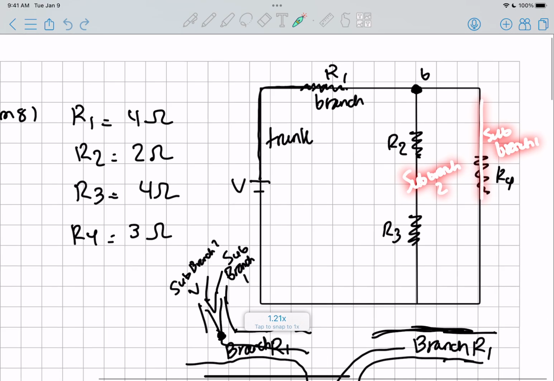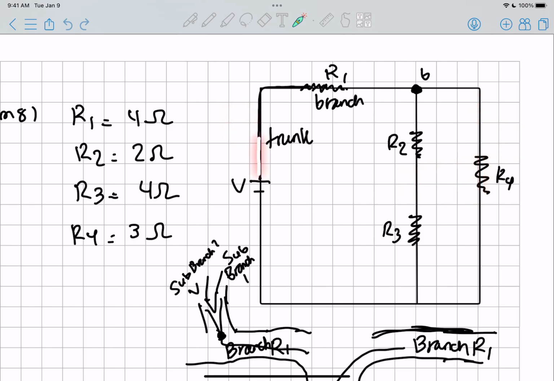So my current, let's say I deliver 3 amps from the battery. 3 amps goes through here, still 3 amps. Now it hits this branching point where it can go into different sub-branches. Maybe 2 amps is delivered down here, and 1 amp is delivered up there. The idea is that this is an input branching point, and then you have another output point, which is E on the graph.